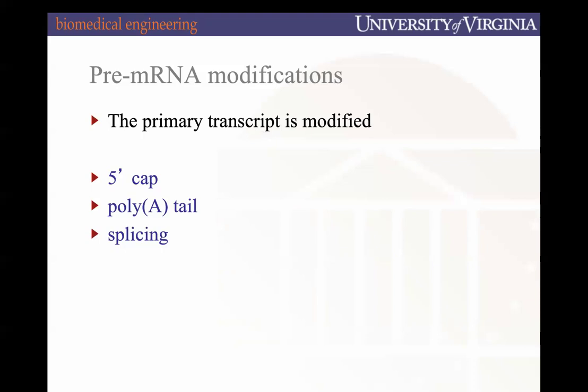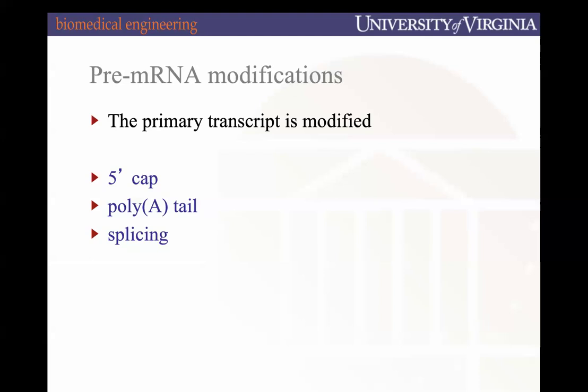If any of you, whether you're in Ideas Lab or work in a research lab, have done qPCR or handled mRNA at all, you can appreciate that it is really easy to degrade. It's really finicky. So there are modifications that have been derived over evolution to help ensure that our mRNA stays stable and is not easily degraded.